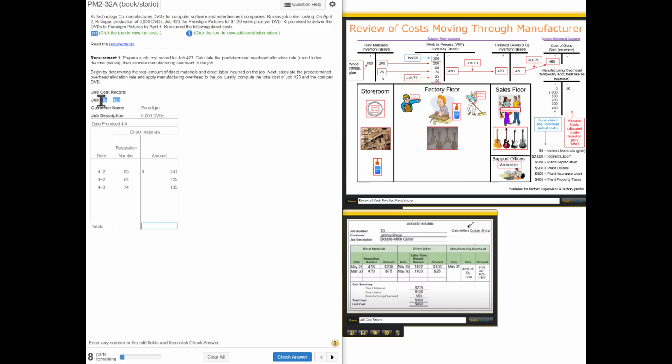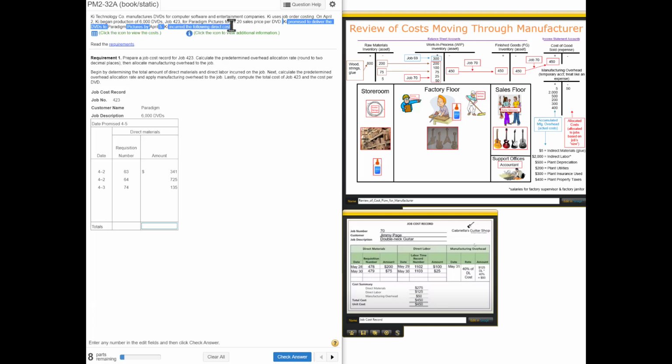So notice we're going to be doing the job cost record for job number 423, for Paradigm Pictures, for a $1.20 sales price per DVD. So we're going to sell them for $1.20 per DVD, and we have to figure out, well, how much did these DVDs cost us per DVD? Kai promised to deliver the DVDs to Paradigm by April 5th.